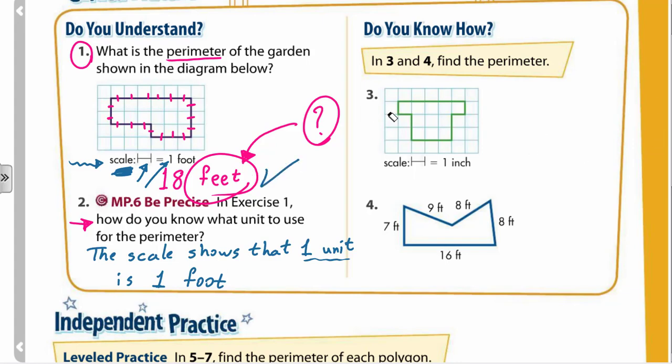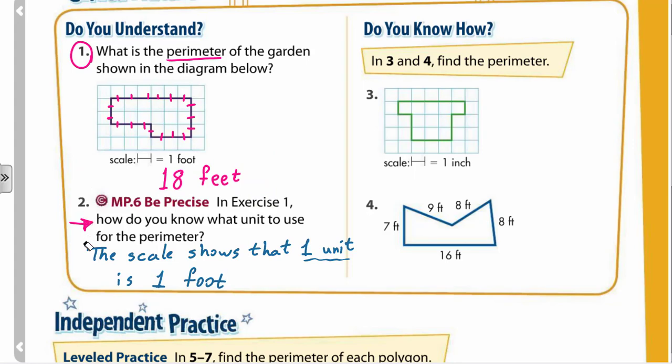Okay, Haider, you will help me with question number 3, but we will give your friends enough time to finish writing. Thank you, Haider. I like this. Yes, write it. As you can see, my heroes, in the scale here, we have 1 unit equals 1 foot.